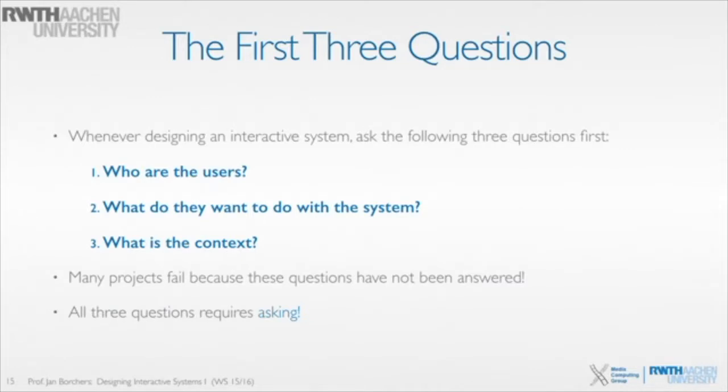We've covered in the first part of the class this general stuff that always applies to humans, right? Memory, performance, and all those kinds of things, the 7 stages of action. That's universal for anybody. But when you design an actual system, you need to find out who your actual user base is.